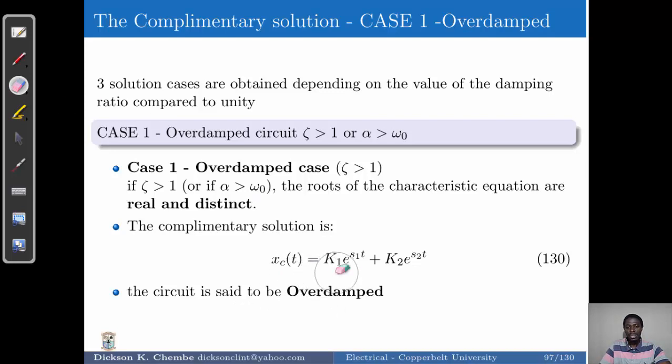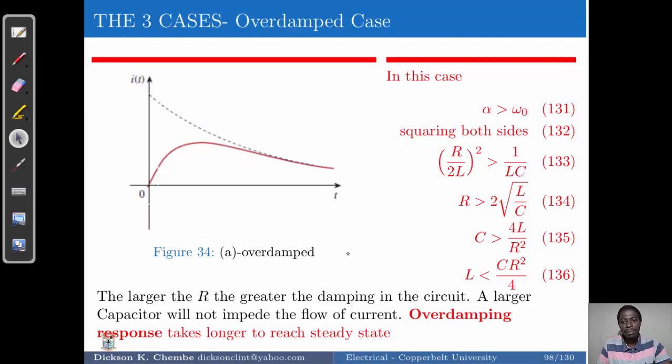Now, what does overdamped imply? The overdamped case implies that the response is going to take longer to reach steady state values, as you can see. And this can be seen if we square both sides of this comparison, alpha and omega naught; we find that the resistor value is going to be much larger in this circuit.